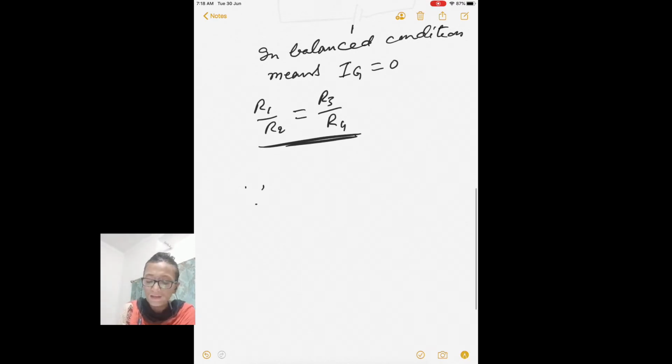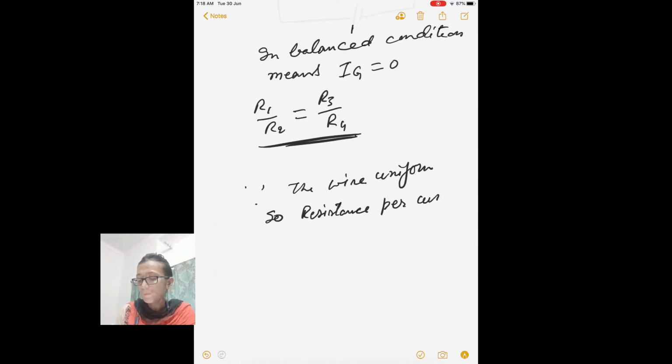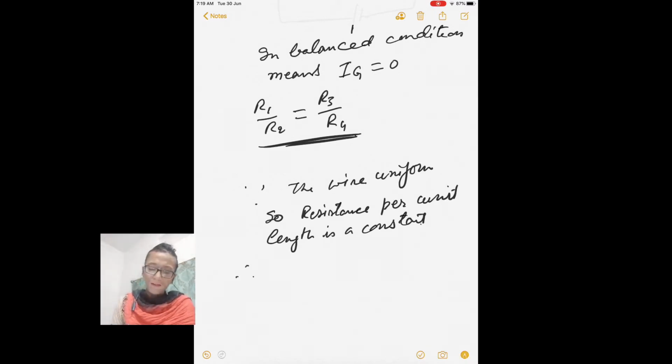Since we know that the wire is uniform, the resistance per unit length is a constant. Therefore, the resistance of L1 length.